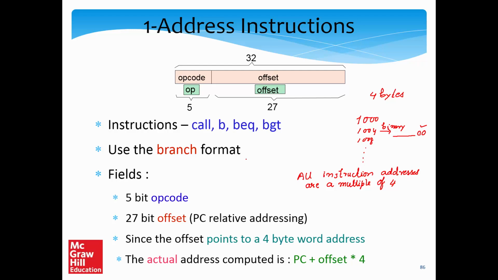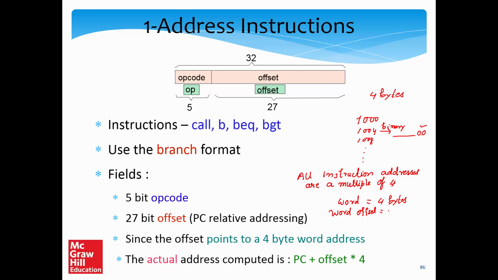So what is a word? A memory word we have defined before, but let me just define once again. A word is basically 4 bytes. So a word offset is basically the number of additional memory words.